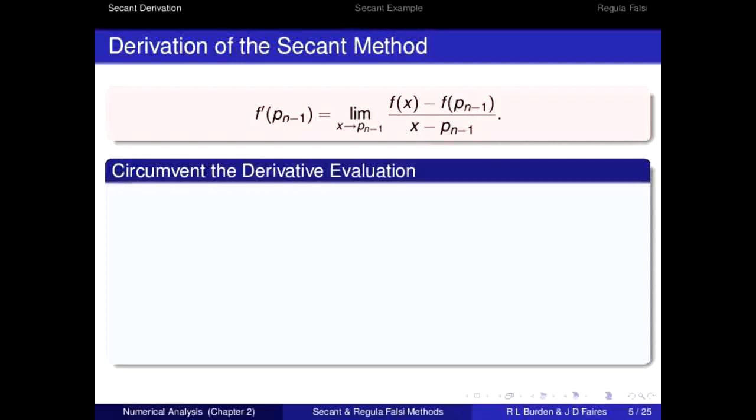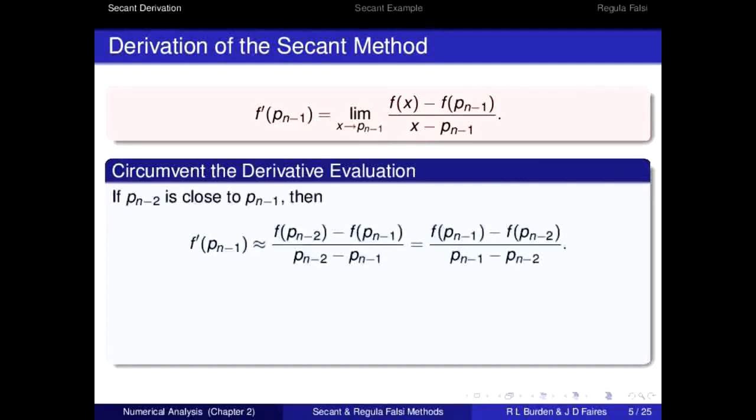For example, we take the derivative at point Pn-1. The derivative f'(Pn-1) is equal to the limit as x approaches Pn-1, where Pn-1 is a particular point, of the difference of the function values divided by the difference of the points: f(x) minus f(Pn-1) divided by x minus Pn-1. That is the definition of the derivative.